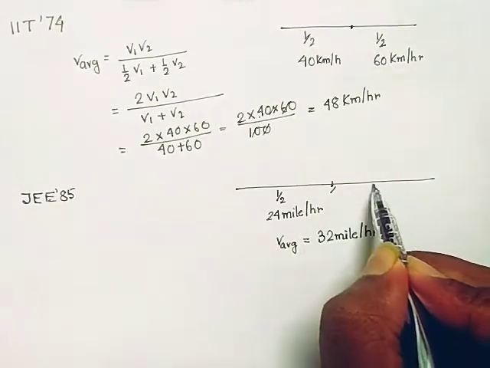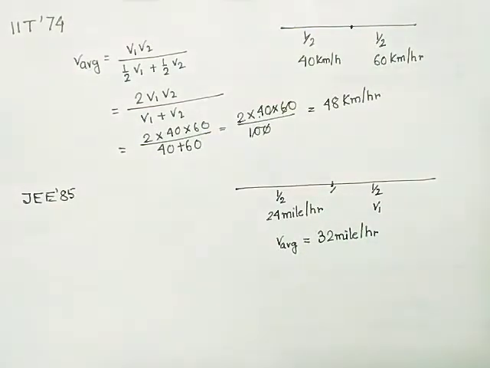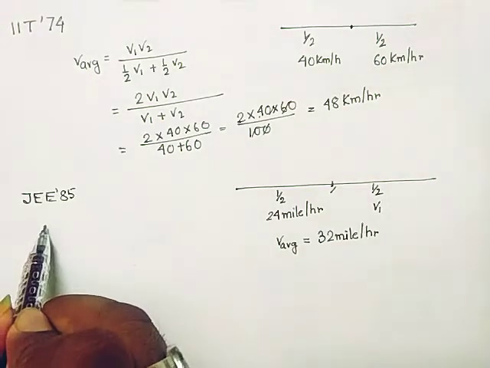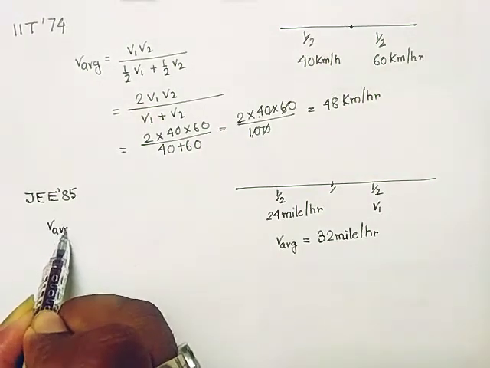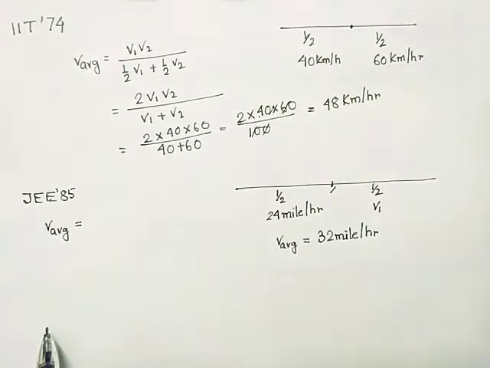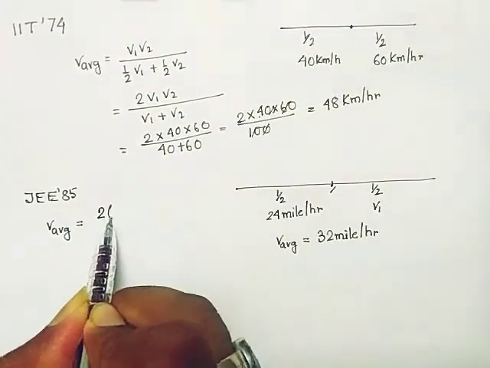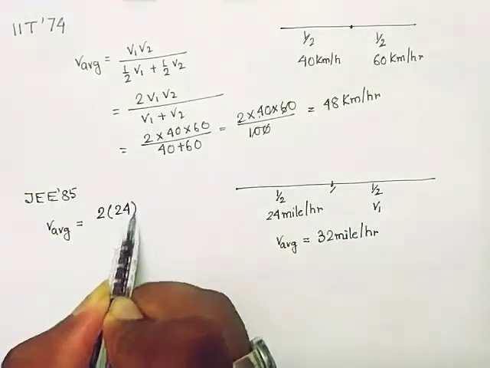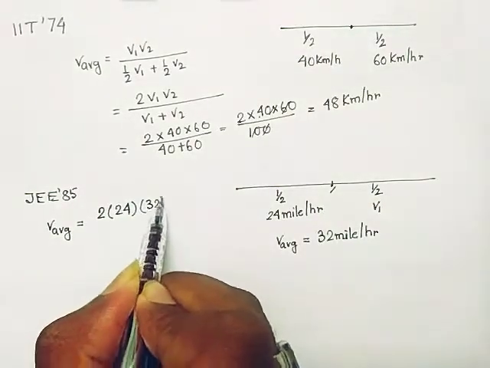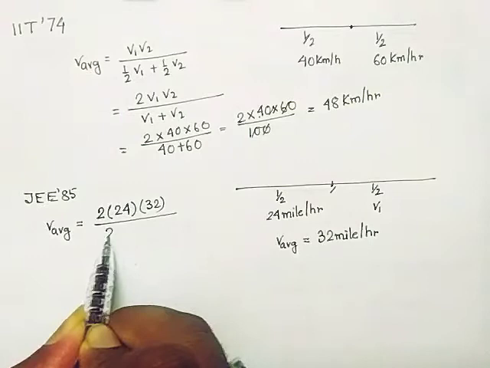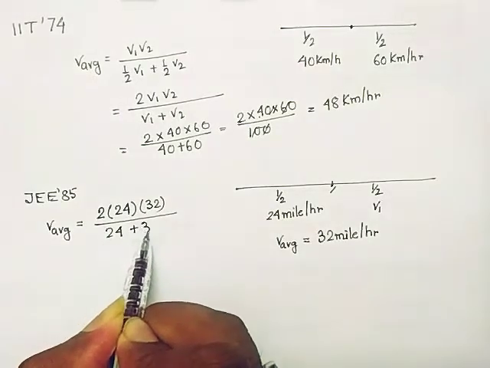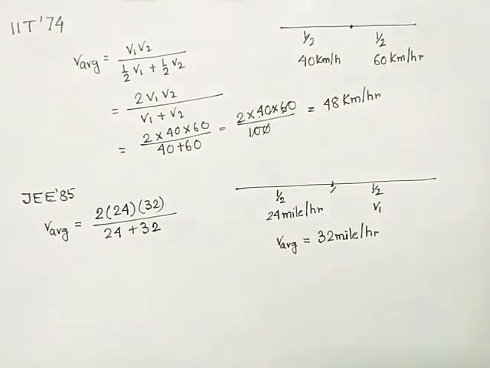So obviously the rest of the path is also half. So we can easily find out the formula: V average equals 2 into 24 into 32 divided by 24 plus 32, because it is half and half.